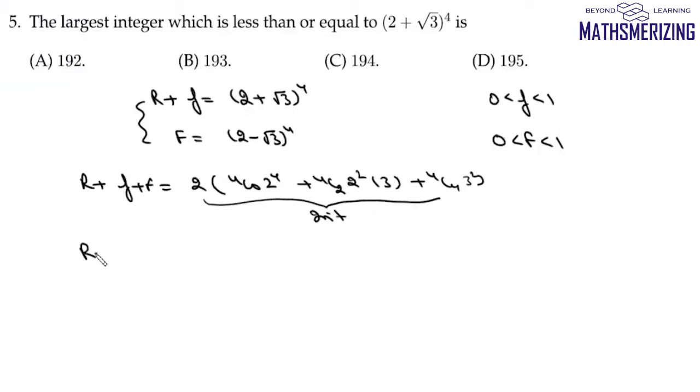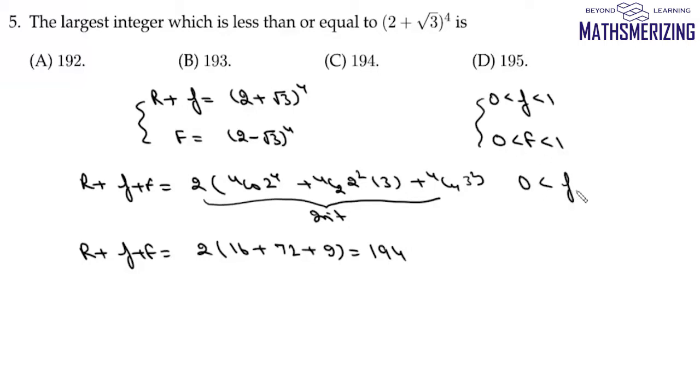So we can write r plus f plus f dash as 2 times, now 2 to the power 4 is 16, this is 6 into 12, 72, and then plus 9, which is 194. Now if we add f plus f dash, we can write it is greater than 0 and f plus f dash is less than equal to 2.